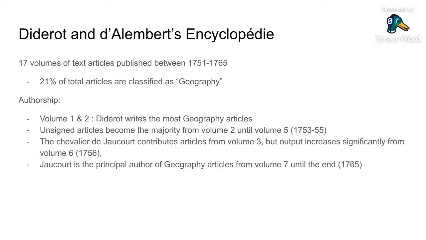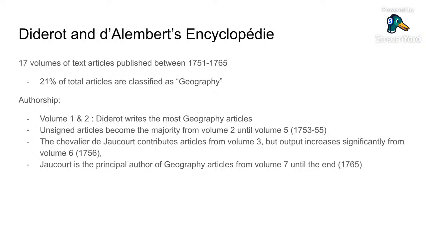And the thing that interests us most intensively in this project is the articles that were classified as geography articles. And that's a full 21%, about 15,000 articles in the Encyclopédie are geographical in nature.